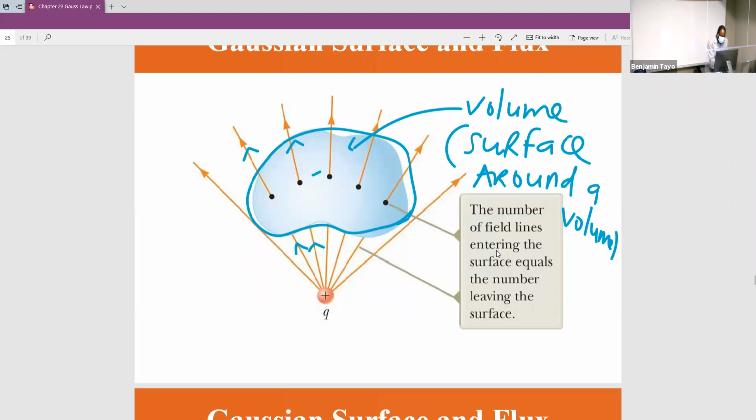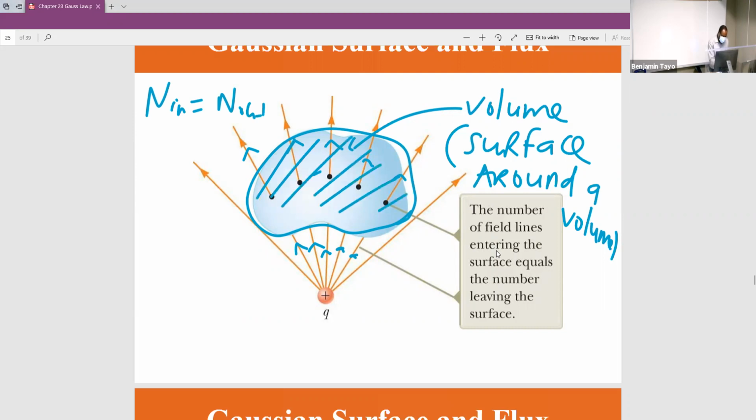So in equals out. In this case, the flux through the surface here is going to be equal to 0, because the surface does not contain the charge.